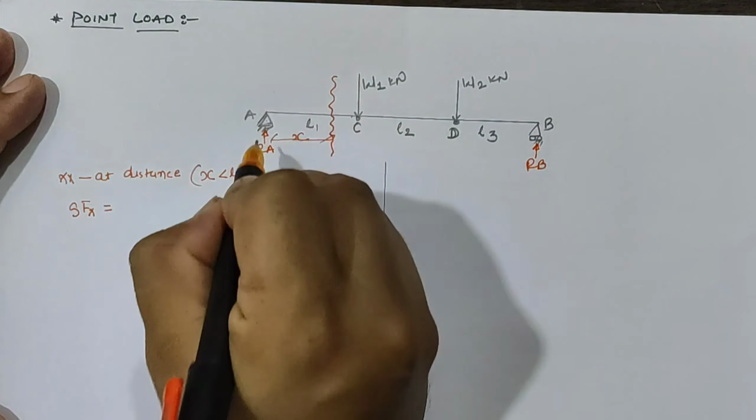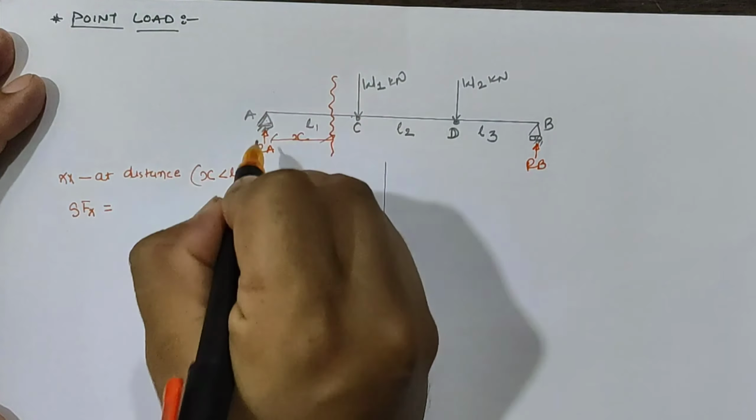Now observing both values, between A and C our diagram is a horizontal straight line. It means our diagram is exactly horizontal up to point C. Now at this location, our value is minus W1.